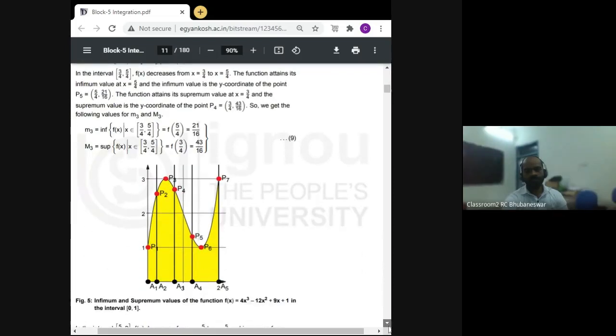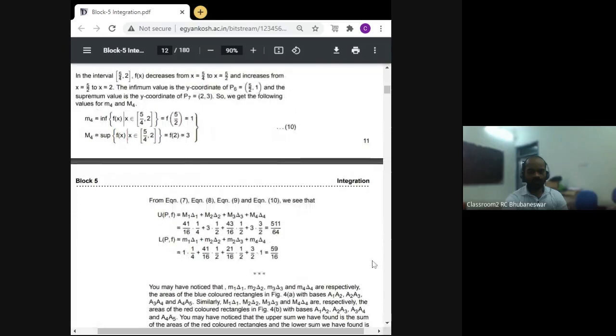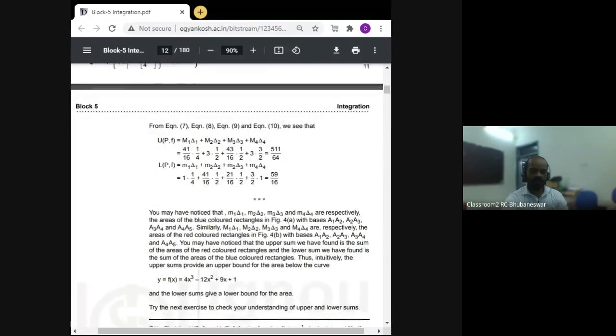So now we are moving towards the next calculation, and here we are using the direct definition of the upper Darboux sum and lower Darboux sum. Here we just multiply the corresponding maximum value and the length of the interval, and we add up every value we get from each interval.